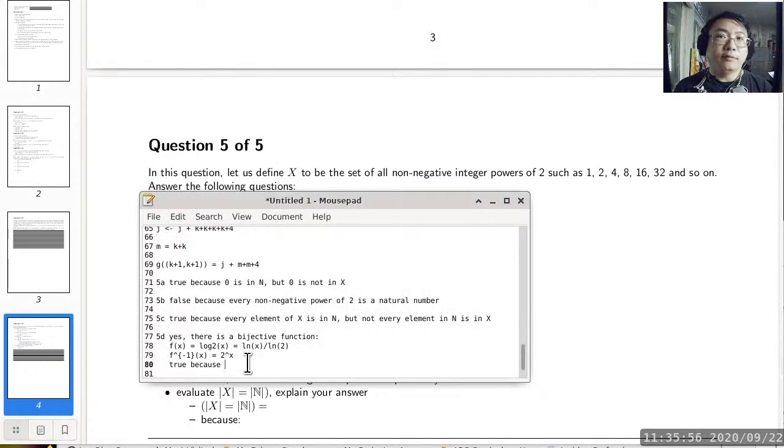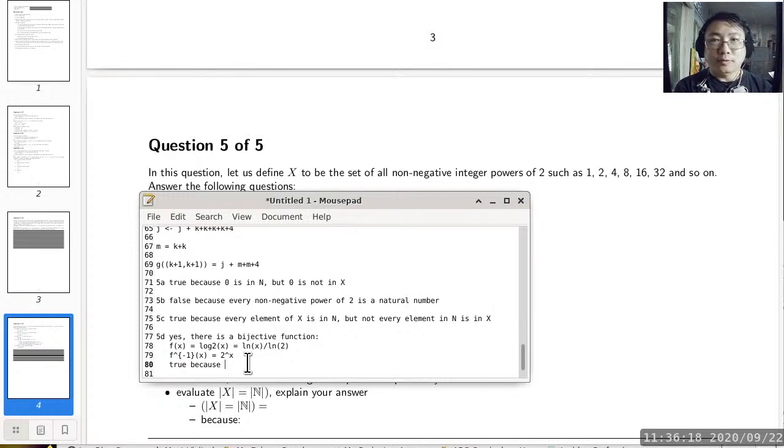Now we have to explain why that is the case. If you go back to the module that talks about aleph null, the equivalency of cardinality is established by whether a bijective function exists between the two sets. That's all you need to do.